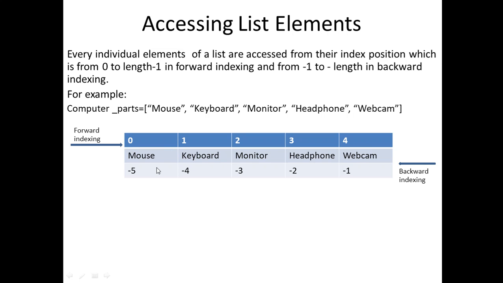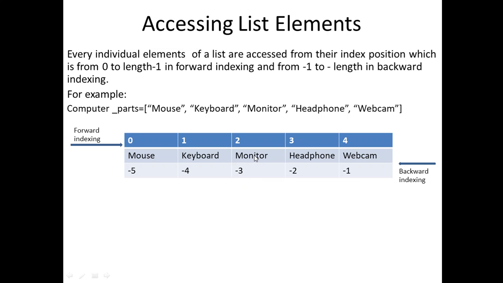That is why in backward indexing, the very first element will have minus length as its index number. So if you take monitor, it will have the index number in positive or forward, that is 2, and in backward indexing it is minus 3.